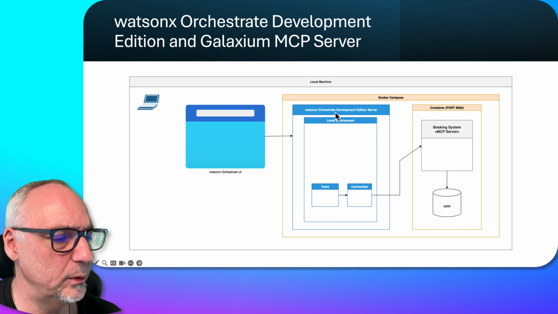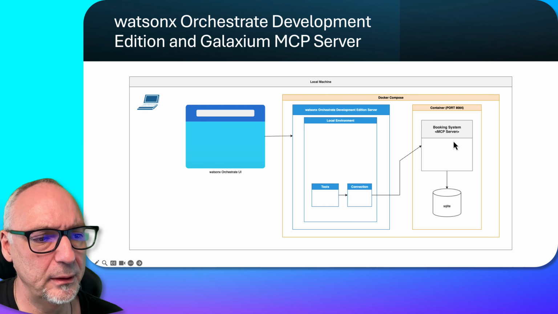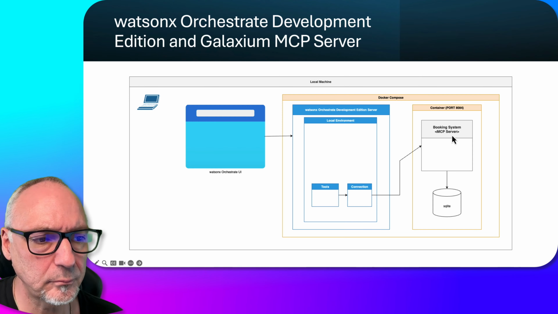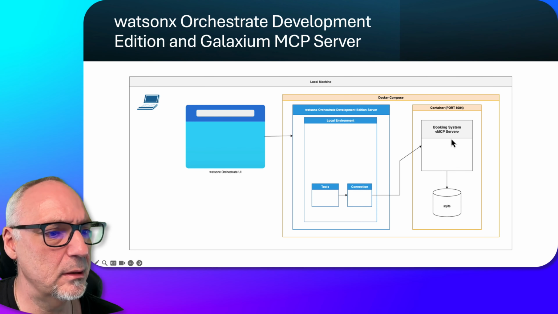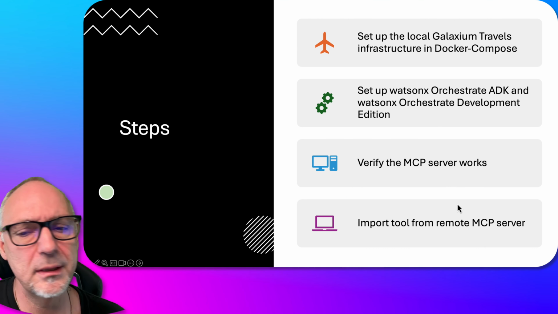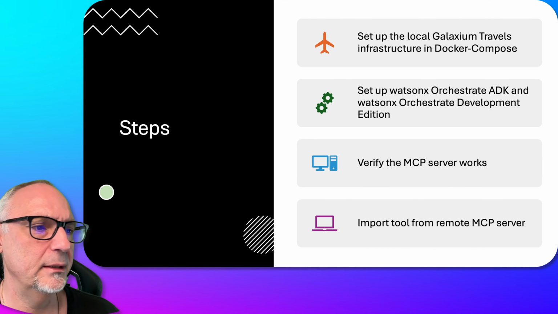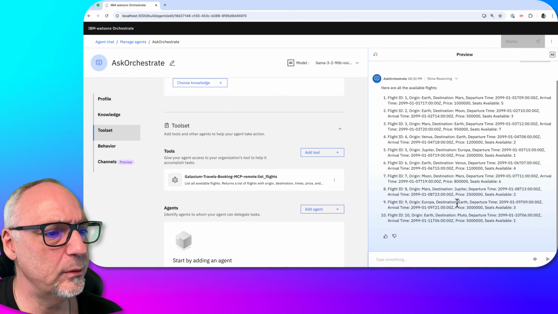We used the example, the MCP server from the Galaxium Travels example. We just followed all the steps, and it is running, and I hope that was useful for you.